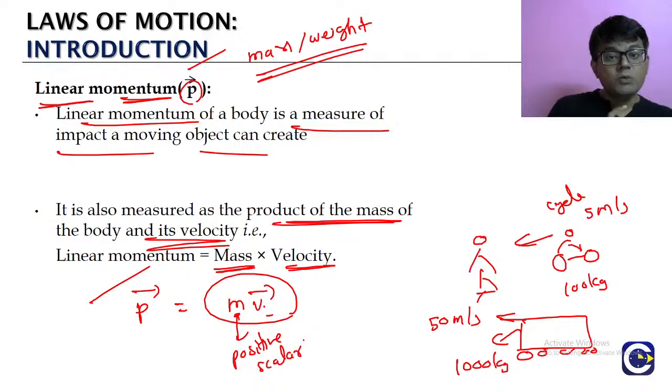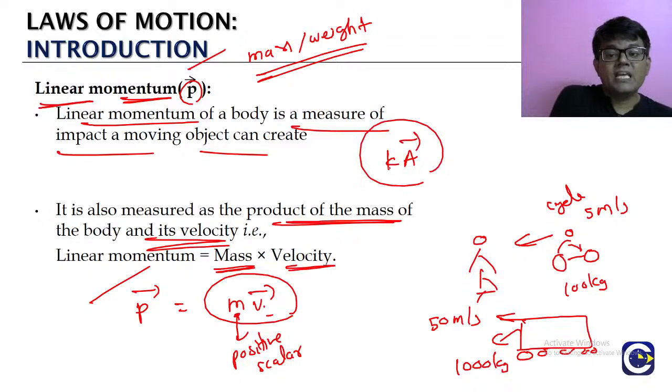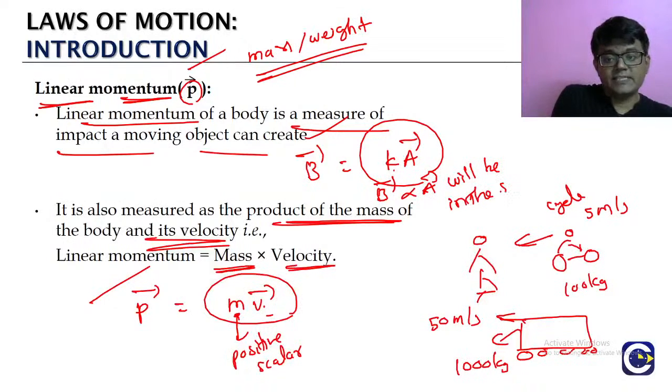Remember, we talked about it in the properties of vectors. If you take a vector a bar and multiply it by a positive scalar k, then for the resulting vector, let us give the name b bar, b bar and a bar will be in the same direction.